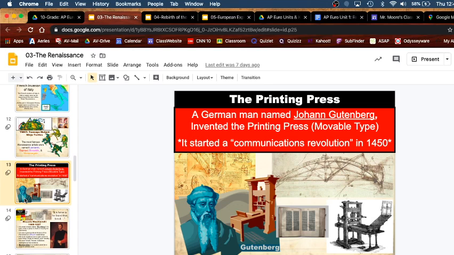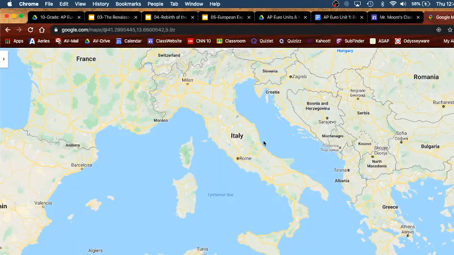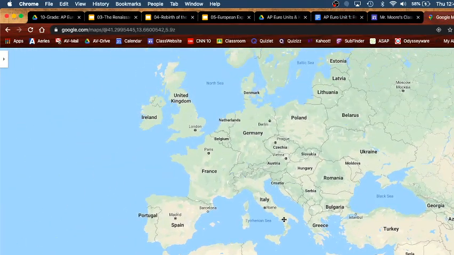It's the printing press that pushes us forward and makes things move at a quicker pace. So even though these things were starting to develop, like secularism, separating ourselves from church dogma and church doctrine. And when I say church at this time, I'm really talking about the Catholic Church. The Catholic Church was the dominant church in Western Europe.